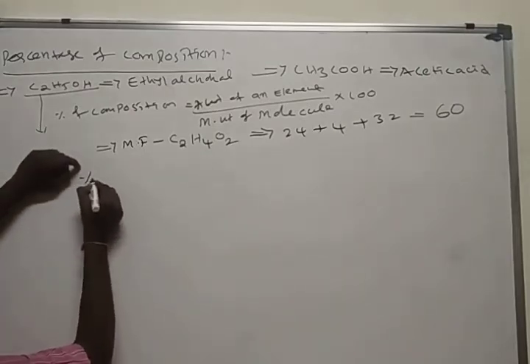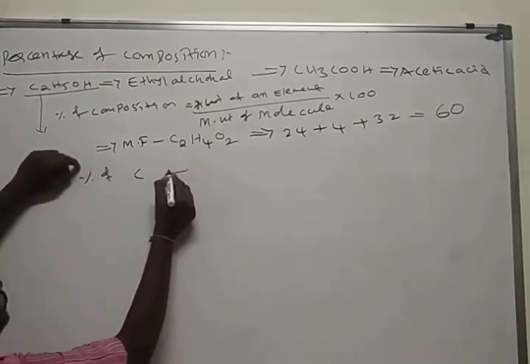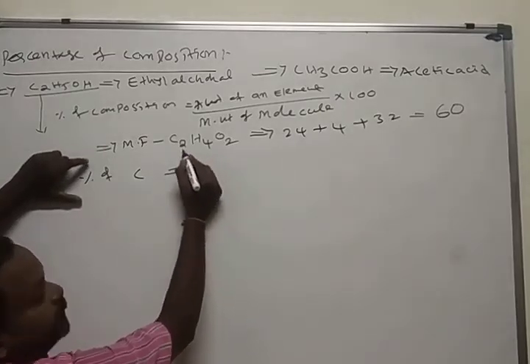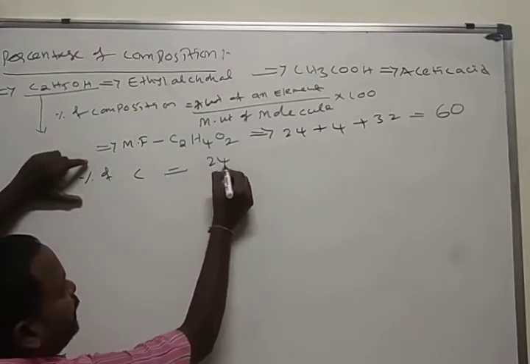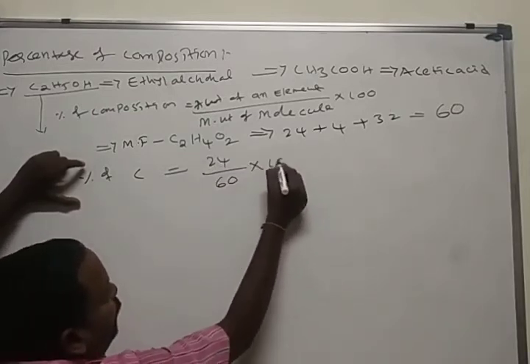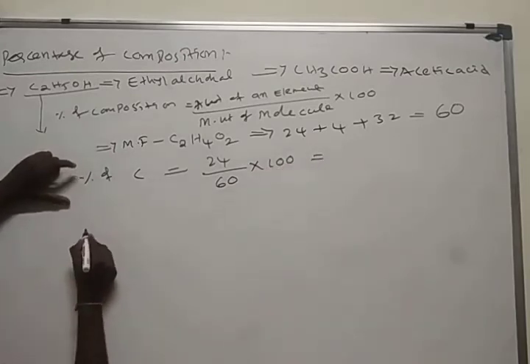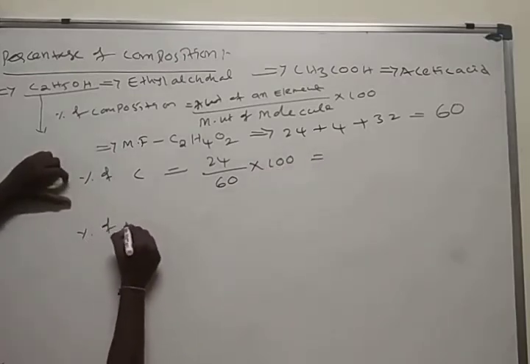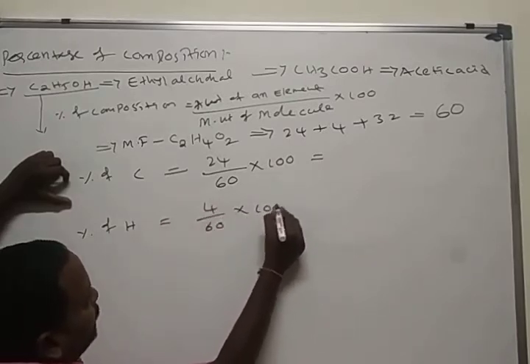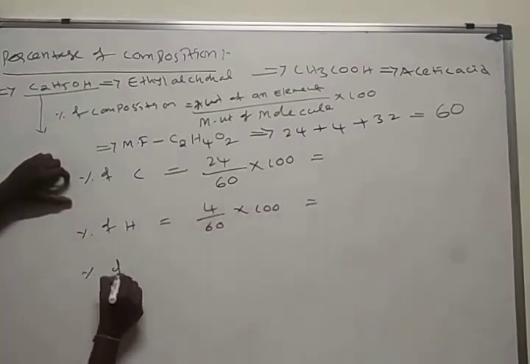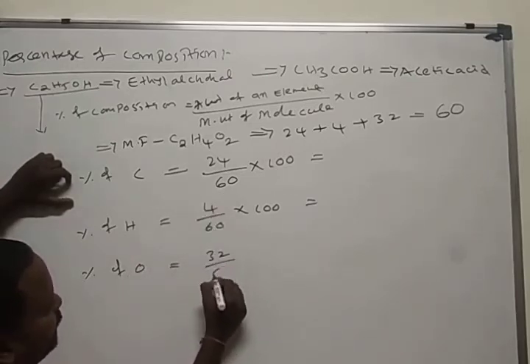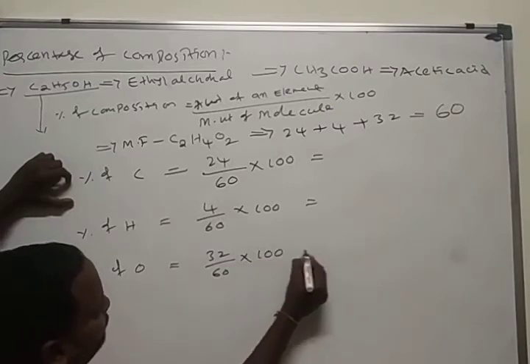Here you calculate the percentage of carbon. How many carbons are there? 2, 2 into 12, 24 by 60 into 100. Here we get the percentage of hydrogen: 4 by 60 into 100. Next, percentage of oxygen: 32 by 60 into 100.